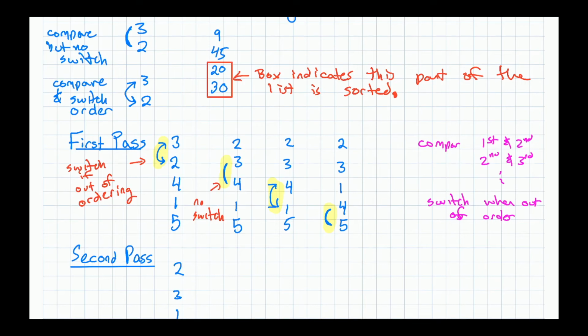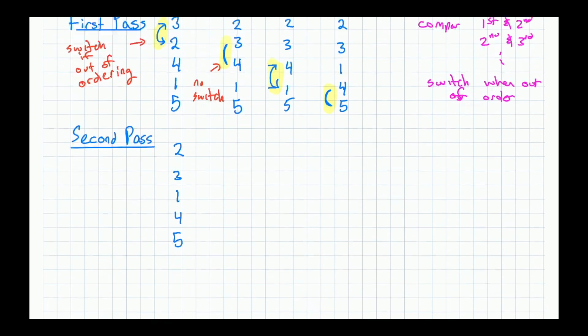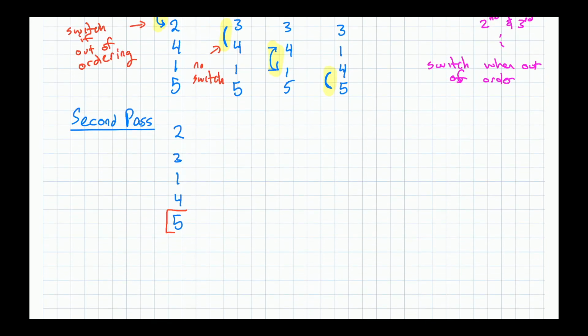So that's why I mentioned this. We're going to put it in a box, just to indicate how much we've done. So this is guaranteed to be correct. Last element must be where it belongs after the first pass.